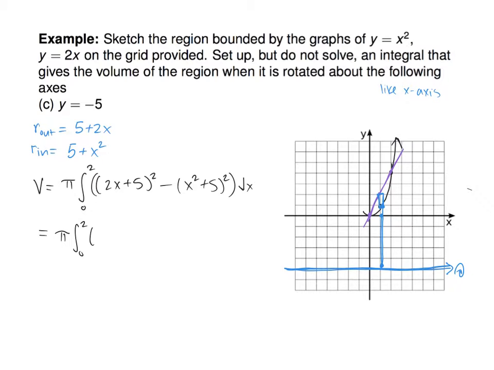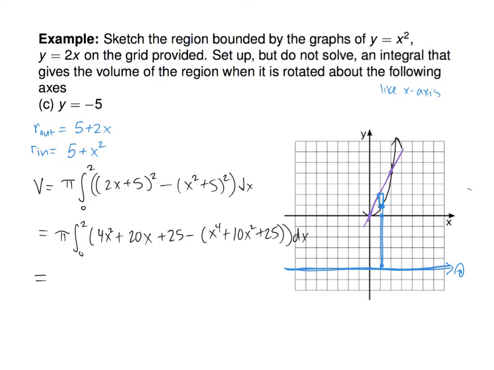If you square 2x plus 5, we get 4x squared plus how many x's in the middle? 4x times 5, so I think it will be 20x. Do you guys agree with that? Plus 25 minus x to the 4th plus how many x squareds? 10 plus 25.